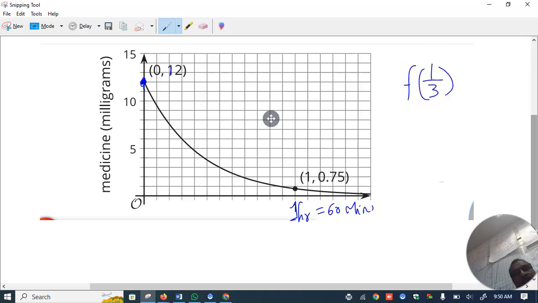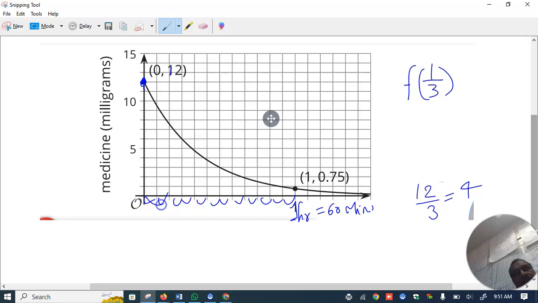Now if you see in this case, you count the spaces: 1, 2, 3, 4, 5, 6, 7, 8, 9, 10, 11, 12. There are 12 spaces, which is like 1 hour. If I divide 12 into 3, that gives you 4 spaces.